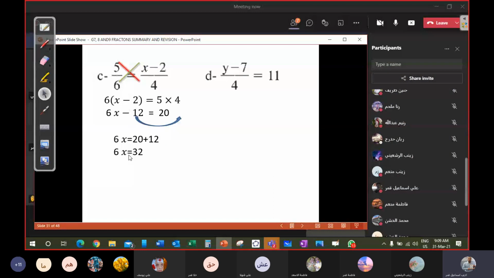To get x alone, to find the value of x only, we divide both sides by what? By 6. By 6, very good. So we divide now by 6. 6 with 6 can be simplified. We get only x. And the answer x is equal to 32 over 6 equals 16 over 3.